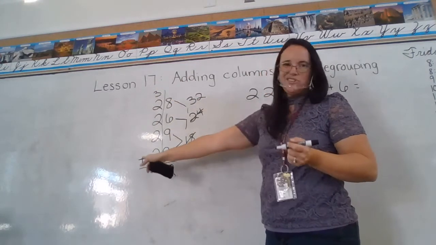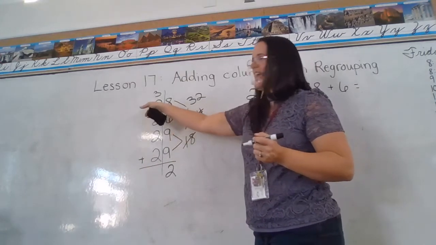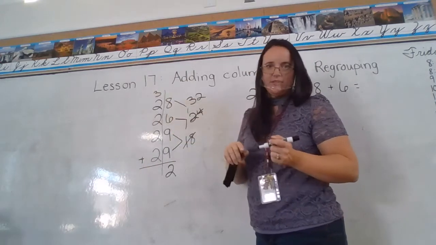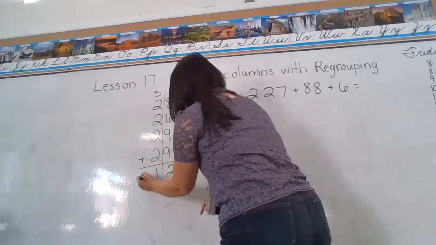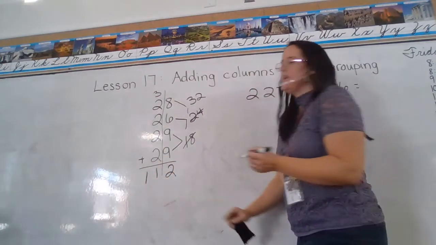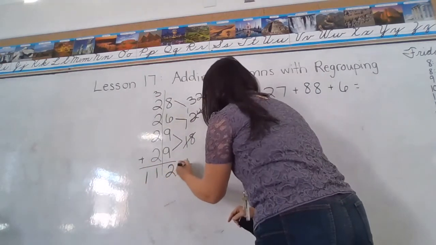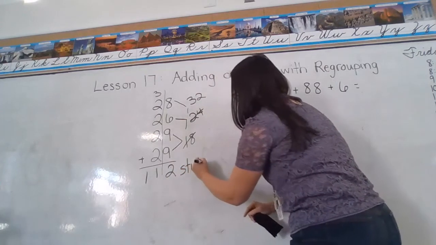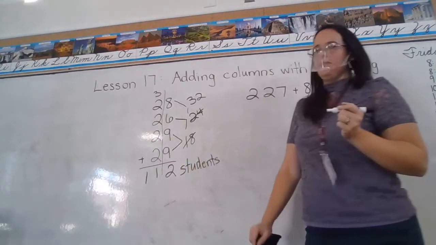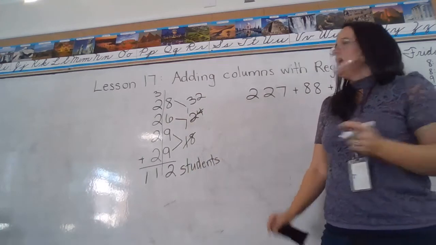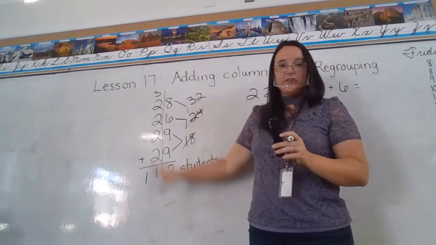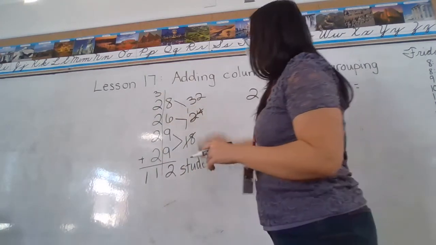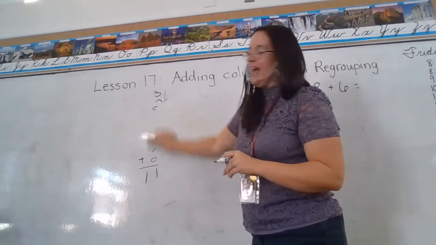So they're all 2s. 2, 4, 6, 8, and then 8 plus 3 gives me 11. So the school has 112 students. Don't forget your label. Okay? If you line them up vertically, that's going to make it much easier to do with some accuracy.